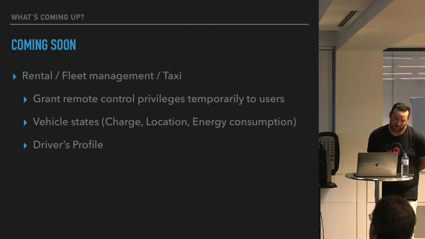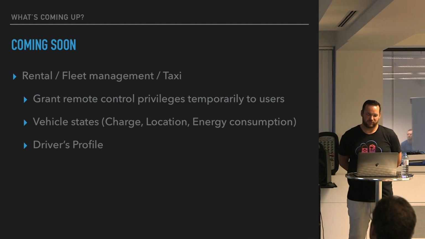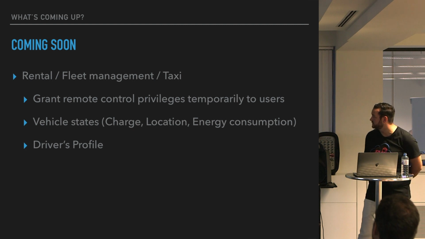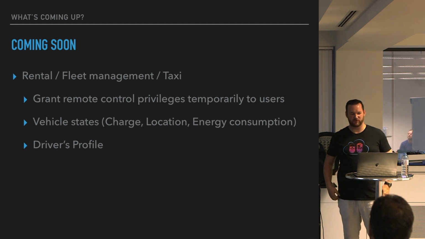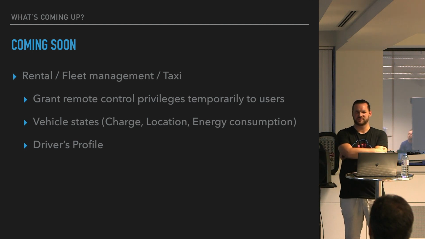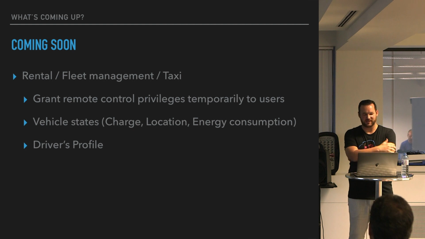There are actually features I want to do in the future, something like fleet management that could be used for rental companies and taxi companies, and for everybody who has more than one connected car that needs to be managed. And I want to have this great feature to grant remote control privileges temporarily to users, in case a friend wants to borrow my car.